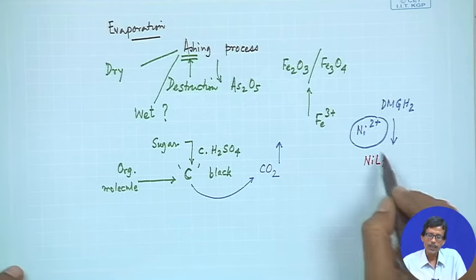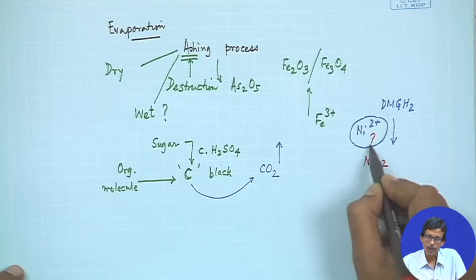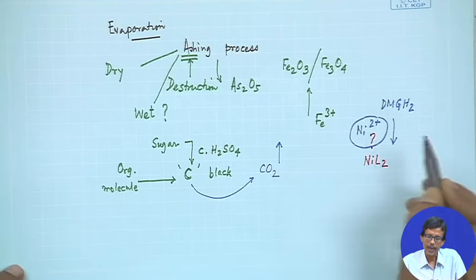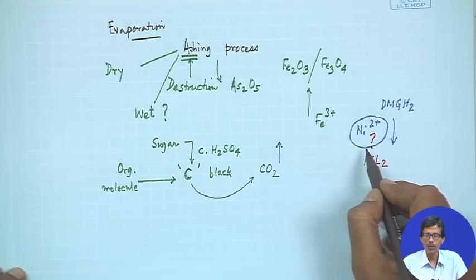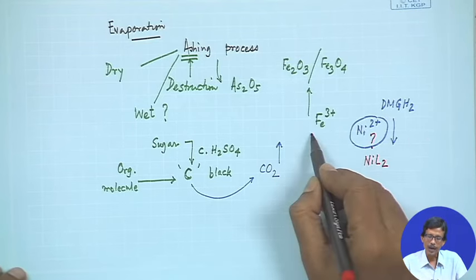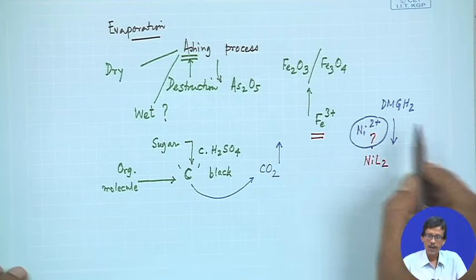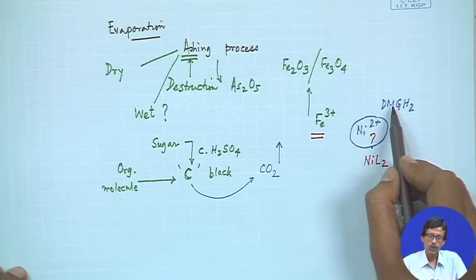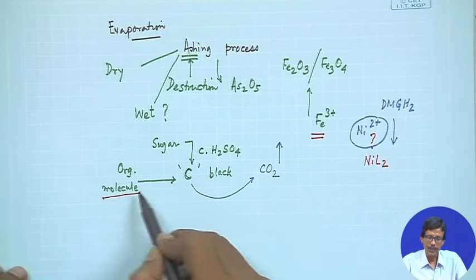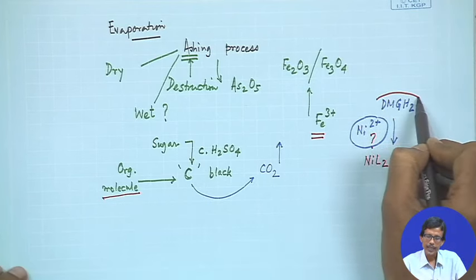So, we are talking about how we can analyze the concentration of nickel in a solution, which is an unknown solution of nickel. What can we do? We can use this organic molecule, that is the reagent, an organic chelating agent.